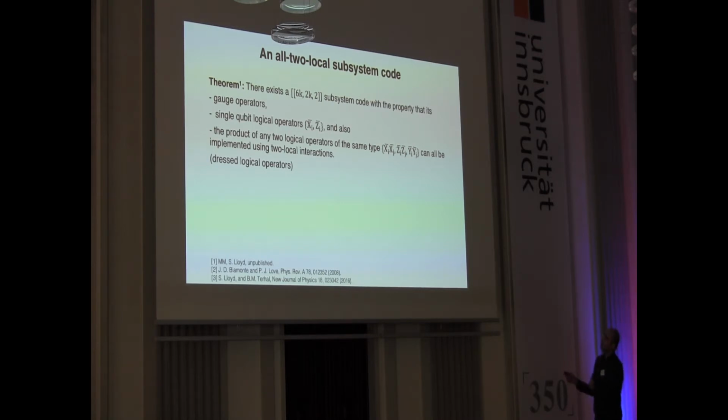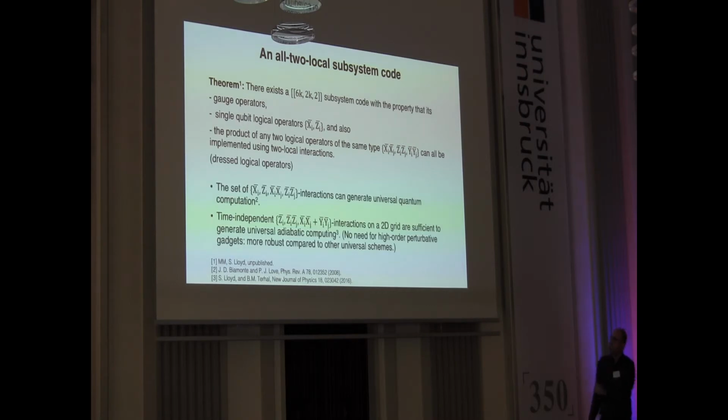Why should I care about this type of Hamiltonian, meaning XZ, XX, ZZ, or YY? Because we already know two different schemes that use these interactions to give us universal quantum computation. One is the perturbative construction by Beaumont and Love, which uses XZ, XX, and ZZ to generate universal quantum computation.